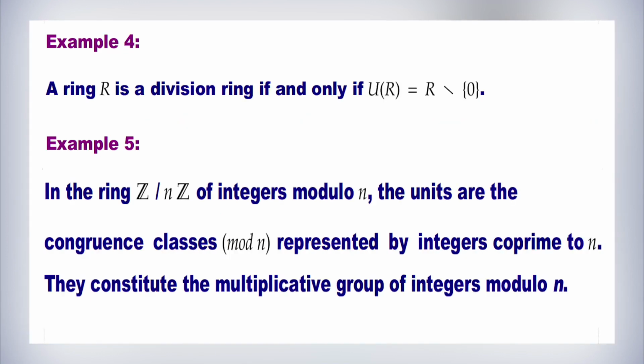Example 4 is, a ring R is a division ring if and only if U(R) equals R minus the singleton 0. In the ring Z/n, the set of integers modulo n, the units are the congruence classes mod n represented by integers coprime to n. They constitute the multiplicative group of integers modulo n.